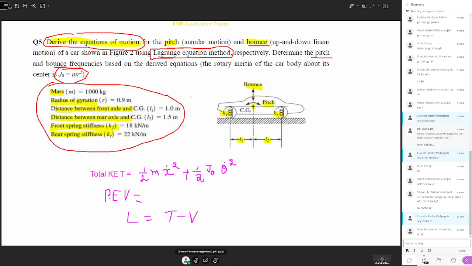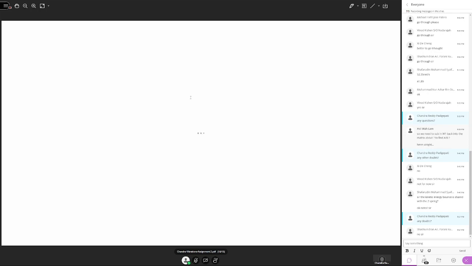Okay, so just to guide you, your first equation of motion may be something like this. Your first equation of motion will be m x double dot. In your assignment, you need to show how you derived this expression.